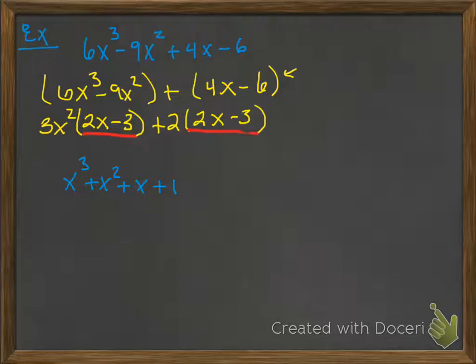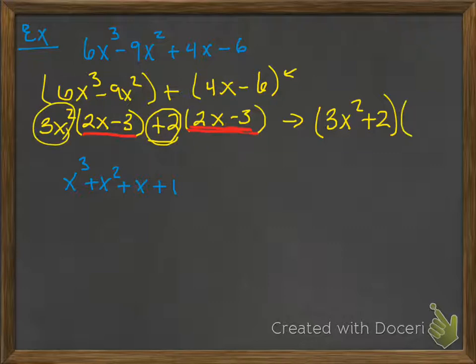They both have this minus 3 in common, the 2x minus 3. So I can rewrite this factor as 3x squared plus 2, and I got this from taking this piece right here in the front, times 2x minus 3.